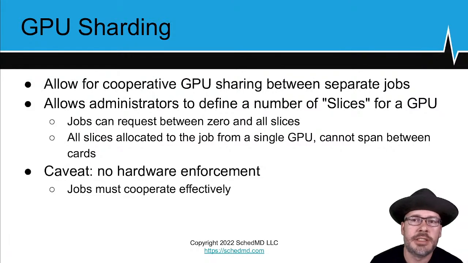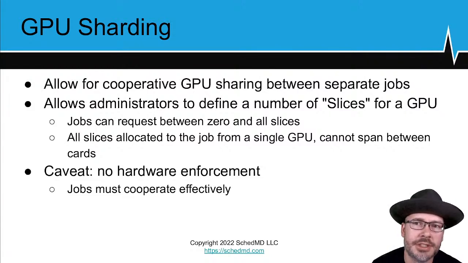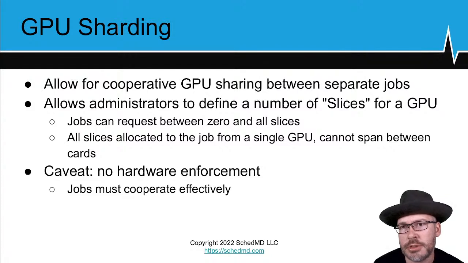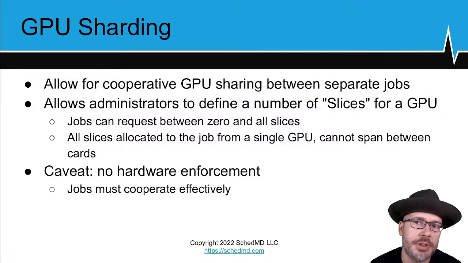Another thing that came in is this idea of a GPU shard. This is related, but not equivalent to MIG support for NVIDIA GPUs or to MPS support. This is a way for your users to cooperatively share a GPU or any other generic resource type.